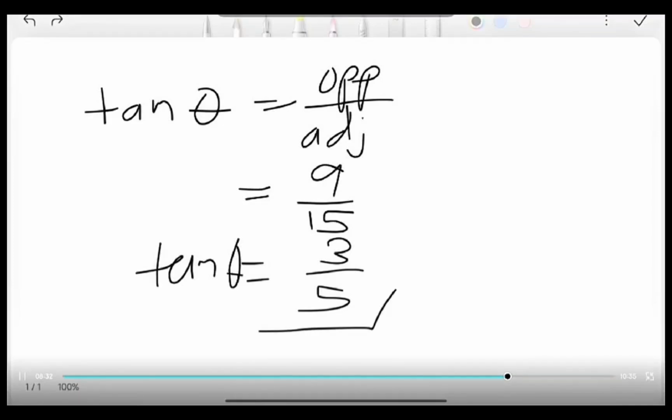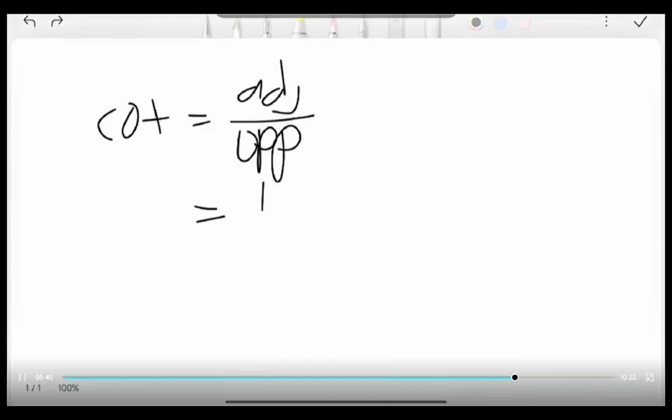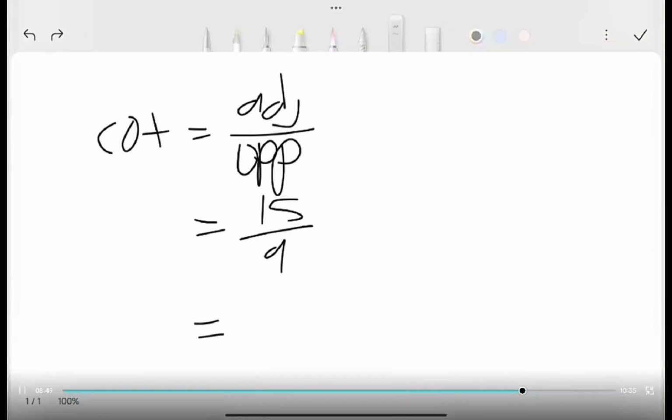Cotangent is the reciprocal of tangent, and tangent is the reciprocal of cotangent. So cotangent is adjacent over opposite. 15 over 9, when simplified, is 5 over 3, which is just the reciprocal.